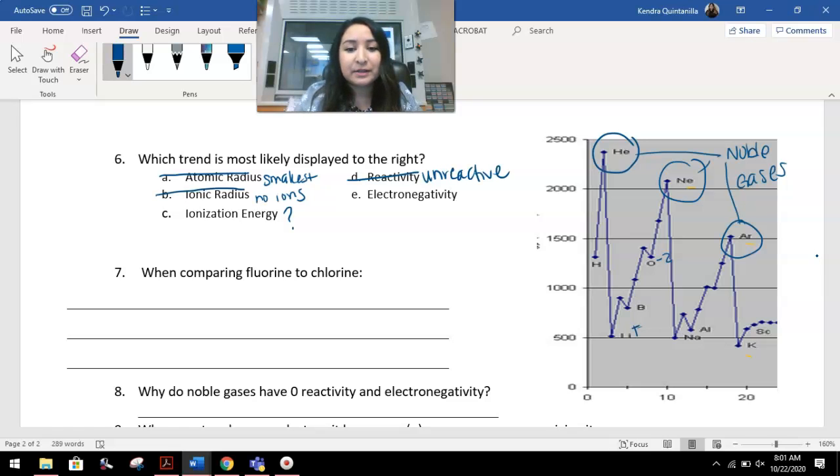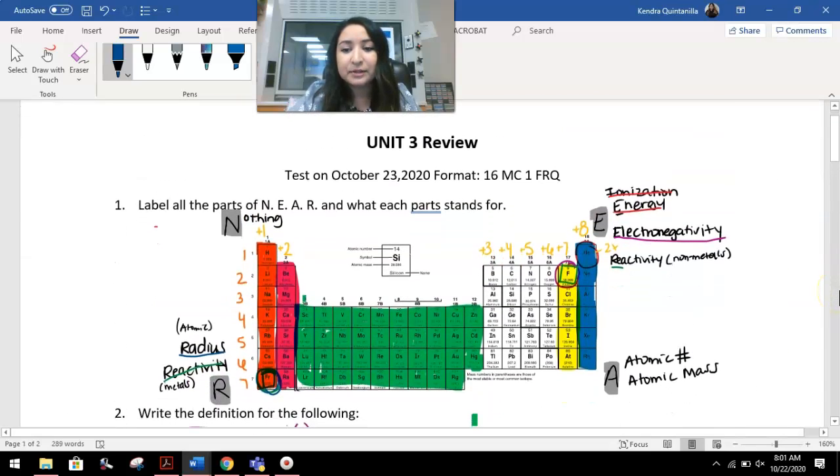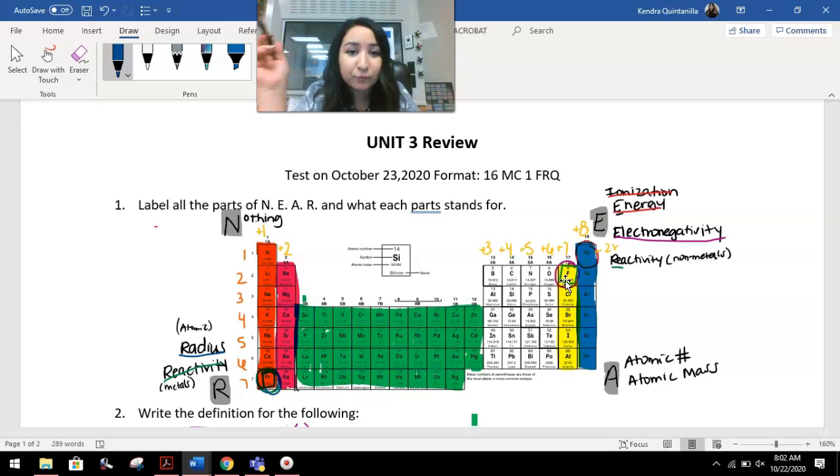And electronegativity is how much they want to attract extra electrons. Going back to the periodic table, electronegativity we have circled in purple, which would be fluorine. Fluorine is the element that has the greatest electronegativity. The main reason is that it just needs one more valence electron to have its full outer shell complete, because it has 7 valence electrons right now.